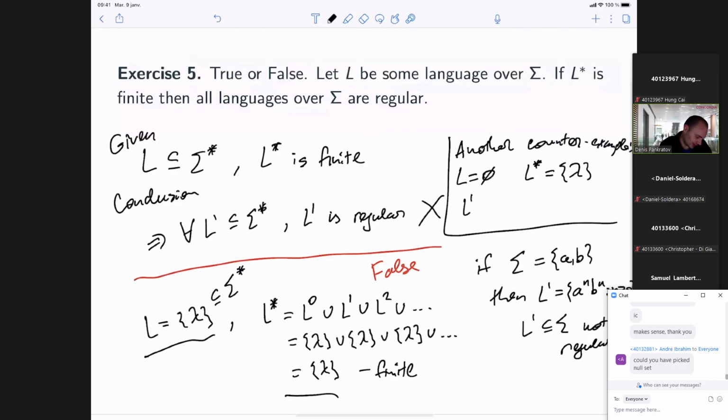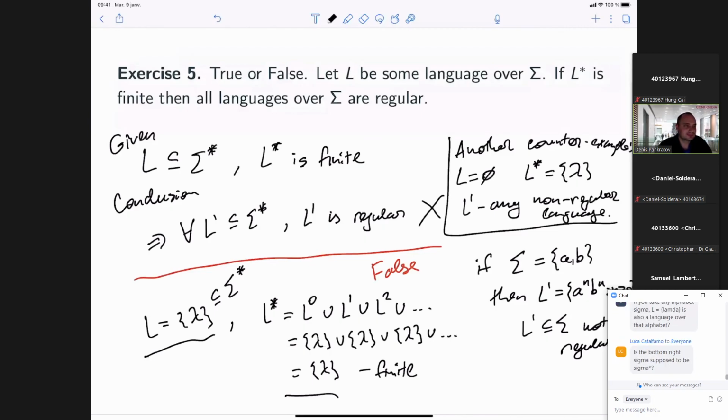So L prime can be any non-regular language. If you take any alphabet sigma, the language containing lambda is also a language over that alphabet. That's correct. Yeah. Is the bottom right sigma? Yes, it's supposed to be sigma star. Thank you.